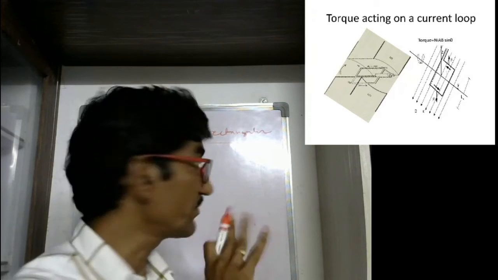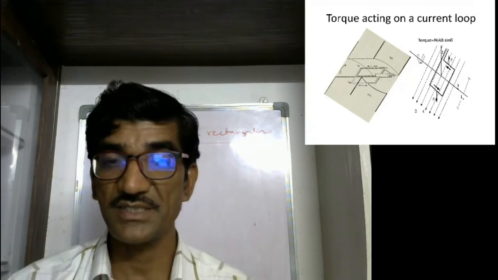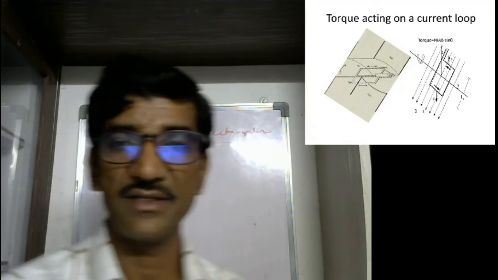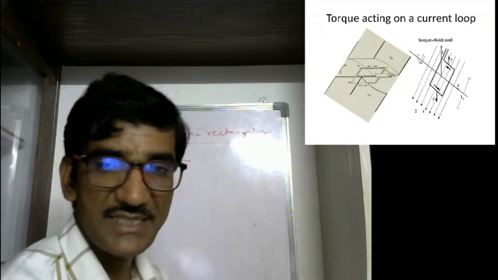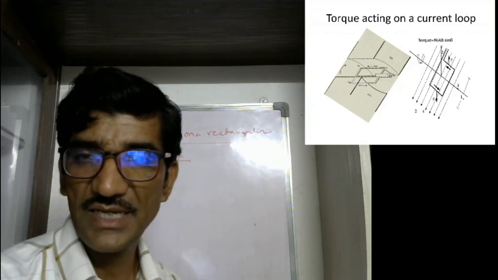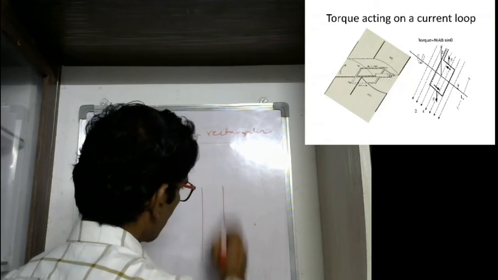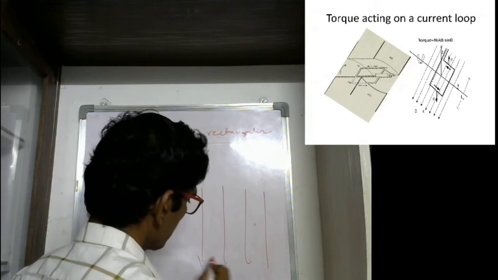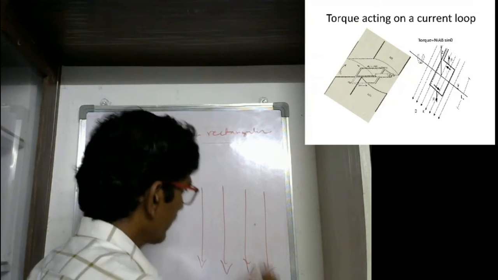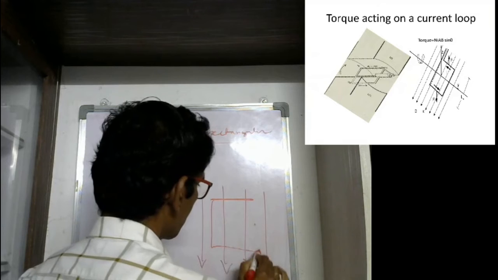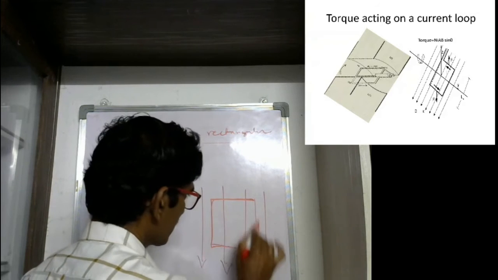I am considering a uniform magnetic field. I am placing the loop in the uniform magnetic field. Four sides are there. If you take the field lines like this, suppose that your coil is like this.